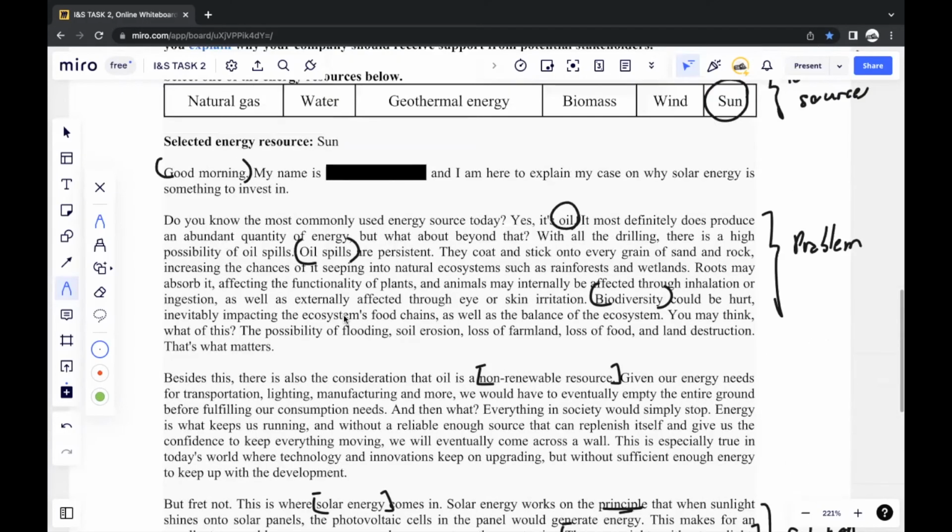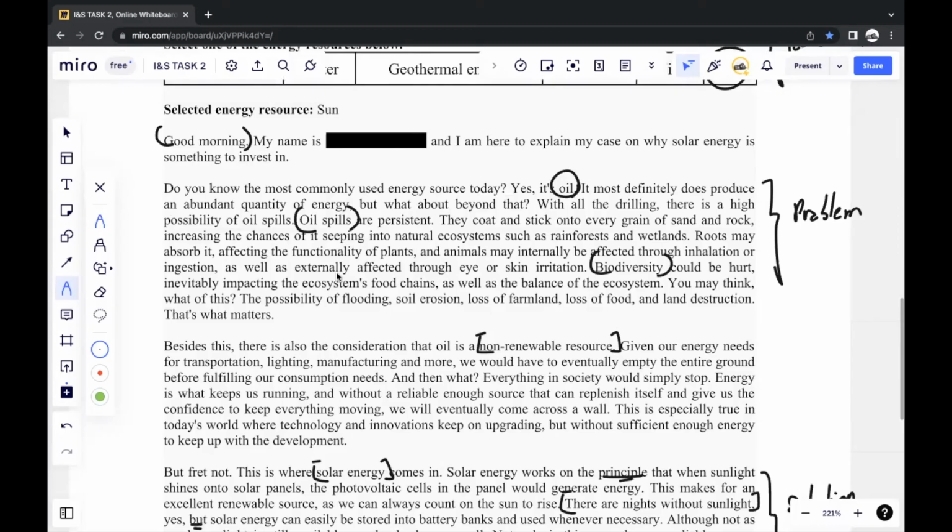And another thing that you can see that I do from time to time is I use phrases in order to interact with the audience, because that's how a speech is. When it comes to a speech, you should not make it seem like you're writing an article, that you're not talking to anyone. So from time to time, you can see I say stuff like, do you know the most commonly used energy source today? It's a question.